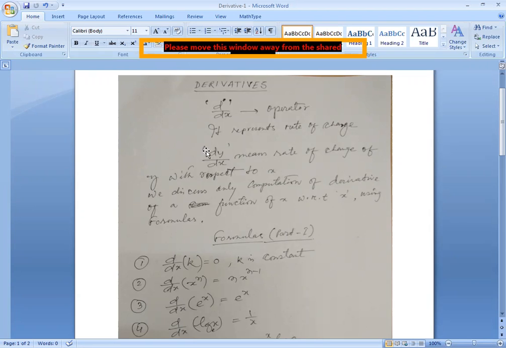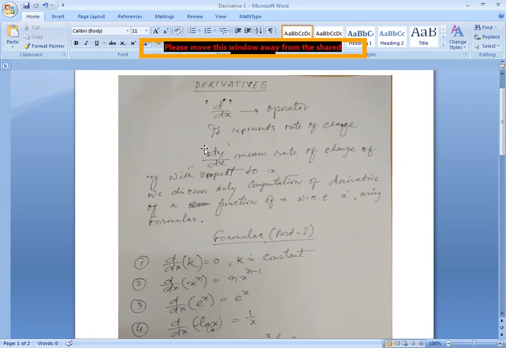So it is simply dy/dx, and its meaning is rate of change of y with respect to x. How y is changing as x changes. If x is changing, how will y be changing?